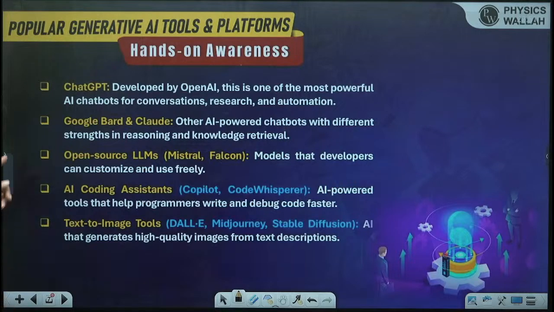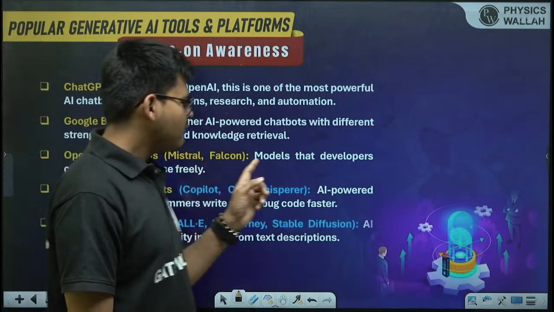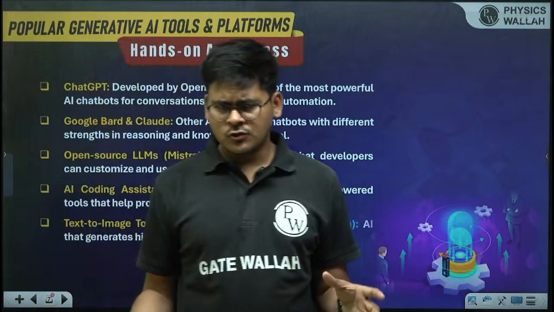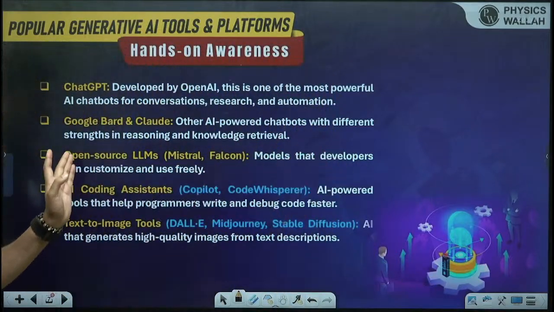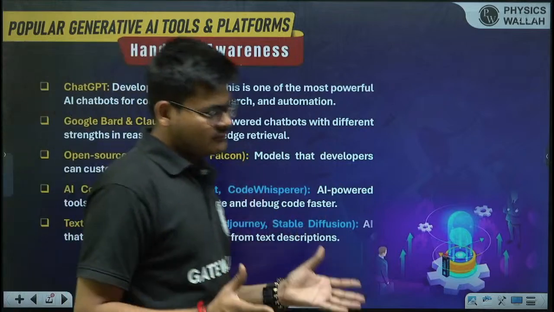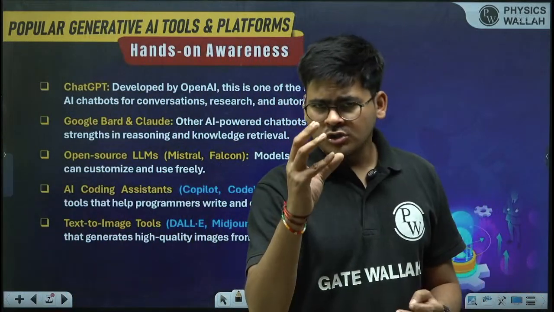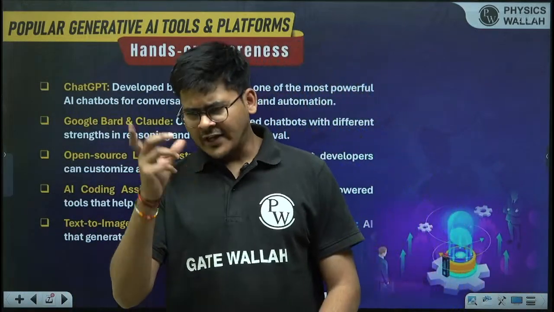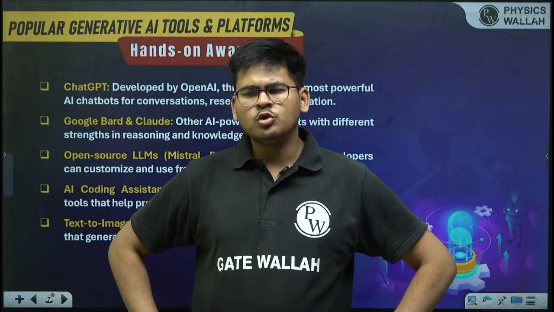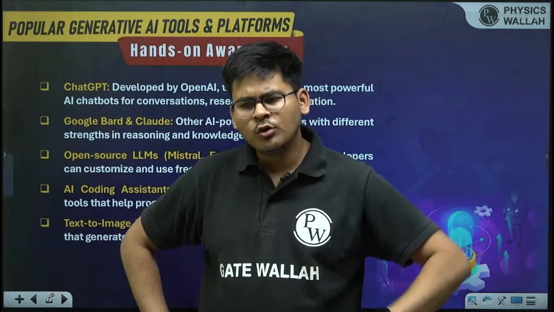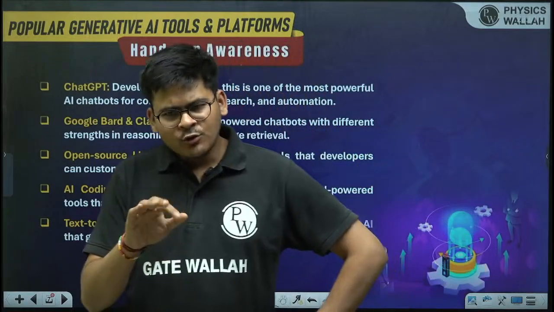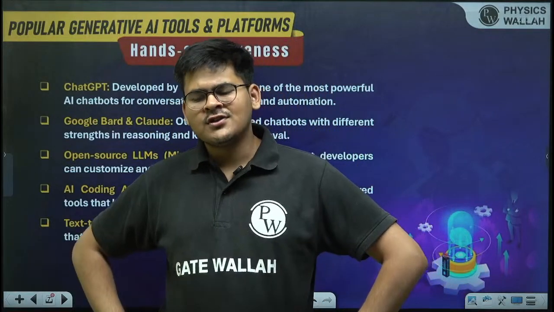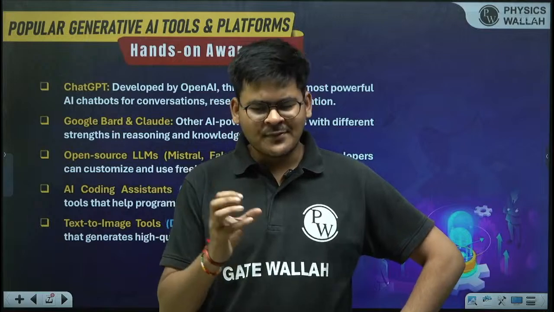Okay, open source LLMs like Mistral and Falcon. What is open source? Open source means models that developers can customize and use freely. So this Gemini, can you modify Gemini according to you? Do you have access to Gemini's internal code? Can you change how Gemini is internally working?